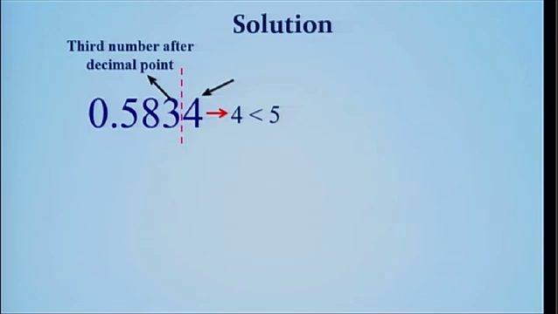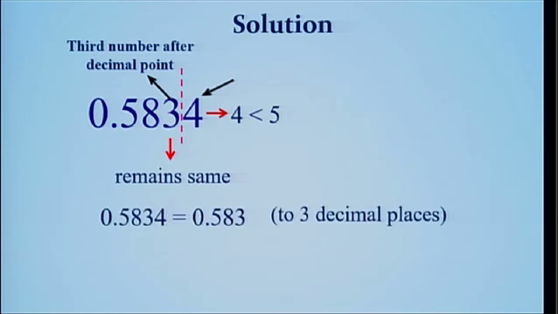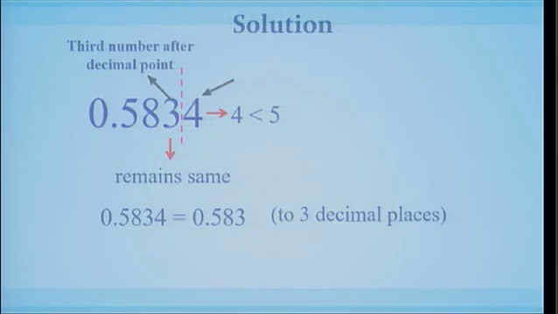It is less than 5. So the number 3 remains the same. 0.5834 approximated to 3 decimal places is 0.583.